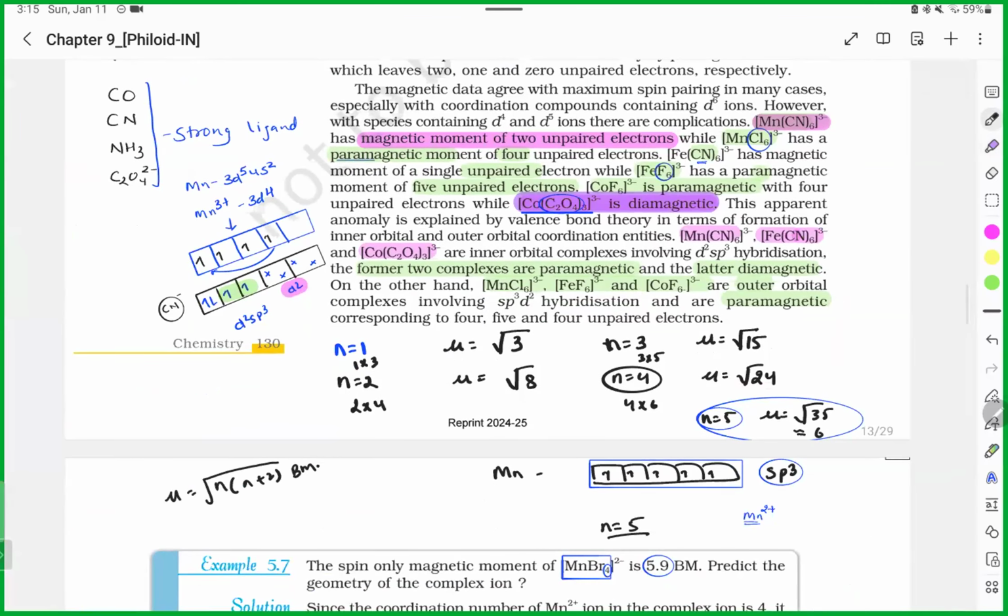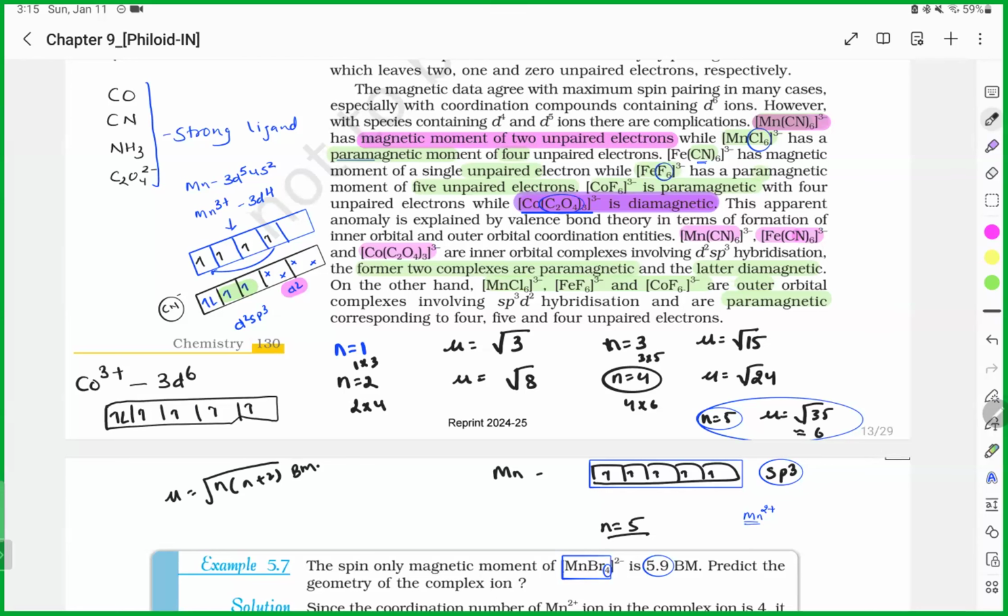If you take this as a weak ligand, cobalt has three positive charge, correct? In this situation, three positive charge means 3d6. If it is a weak ligand, what will happen? 1, 2, 3, 4, 5, 1, 2, 3, 4, 5, 6. You have four unpaired electrons in case of a weak ligand.